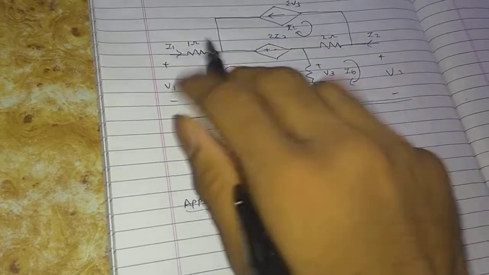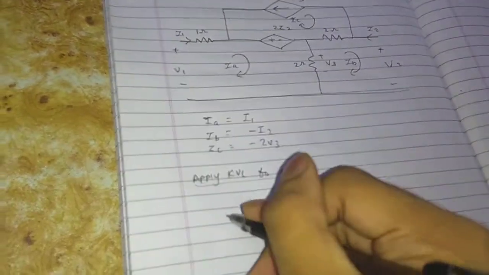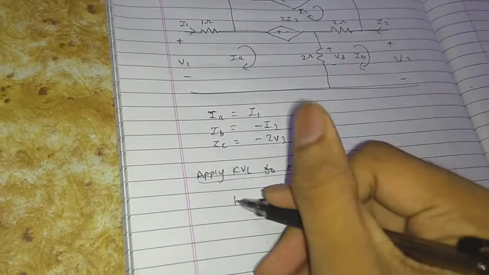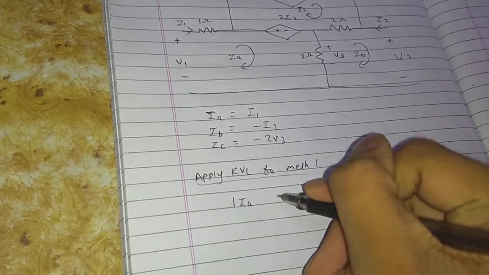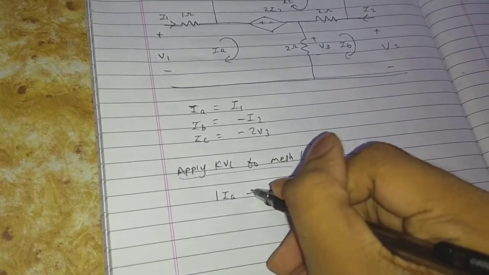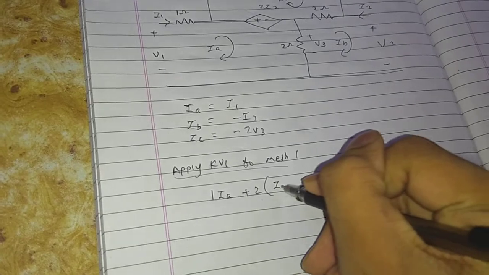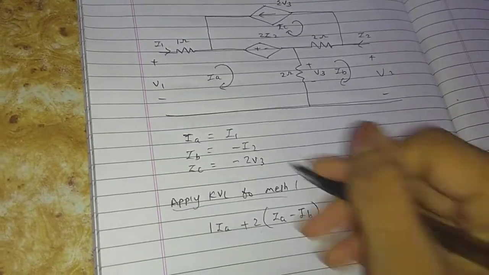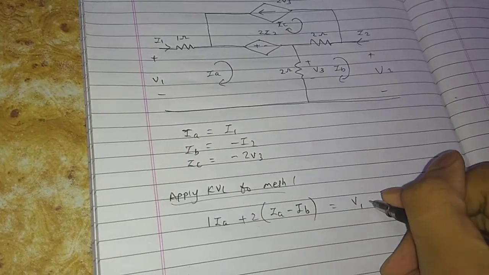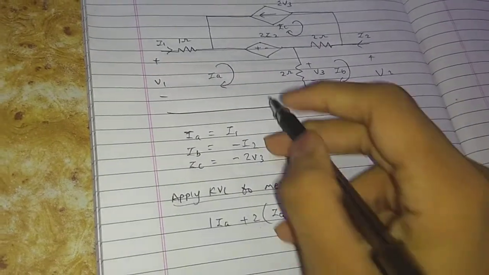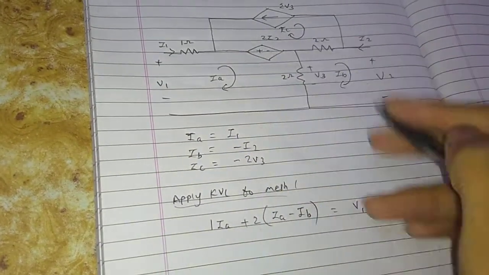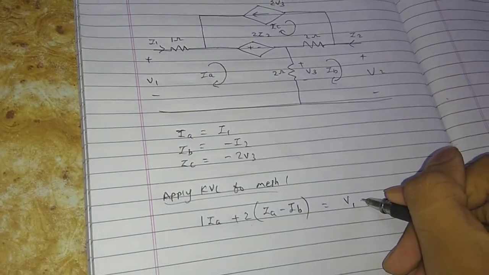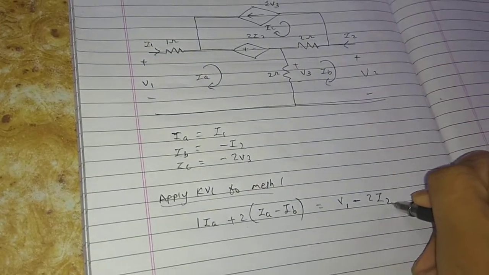So let us apply, this is my mesh 1. Let me apply KVL. So 1 IA plus 2 times (IA minus IB) equals V1, positive to negative is negative, so minus 2I2.